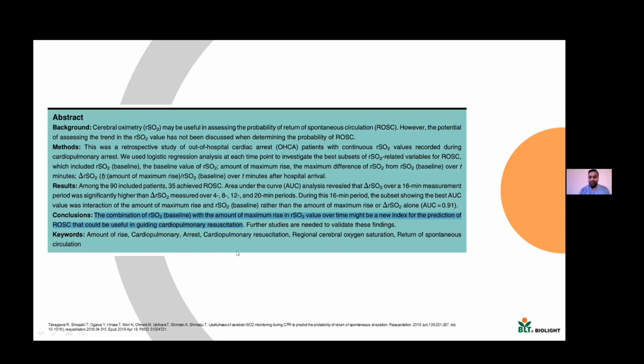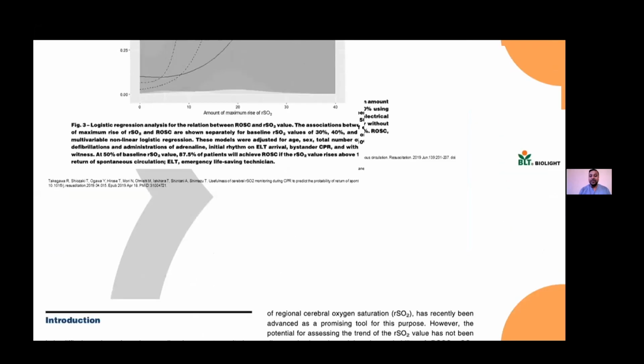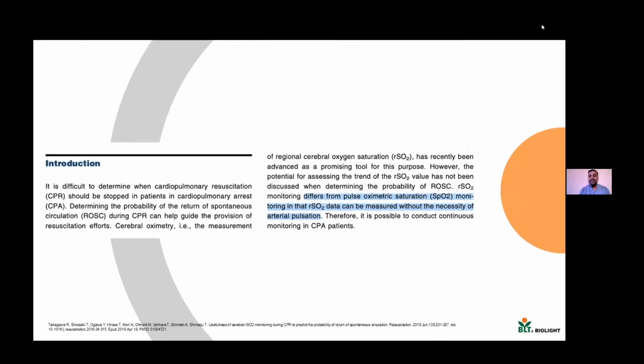As we talked before, during CPR we must monitor the value. The rise in the baseline oxygen saturation gives a predictive value of whether the spontaneous circulation of the patient will revive or not. This differs from pulse oximetry saturation.